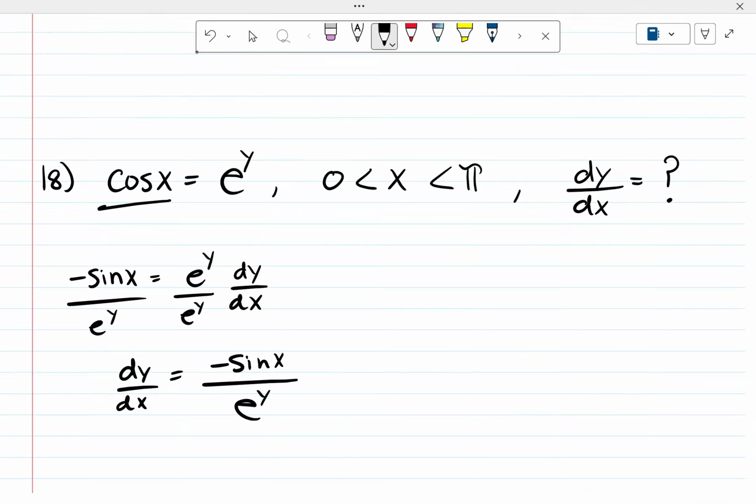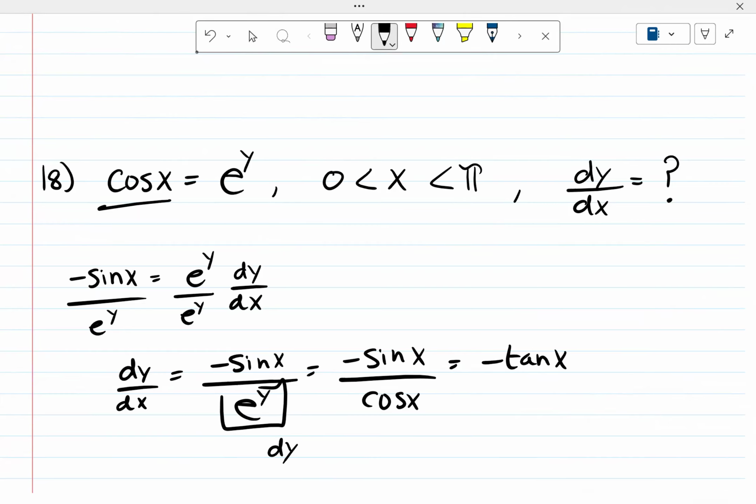And is there anything else we could do? Yes, you can. Be careful. Did you notice that they're saying e to the y is the same thing as cosine of x? So you can replace this e to the y with cosine of x. I almost forgot about that. And what is negative sine of x over cosine of x? It is negative tan of x.